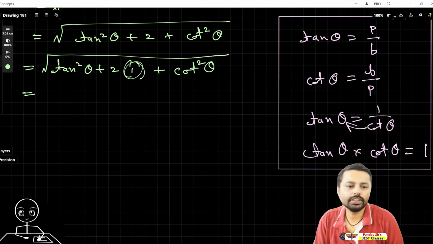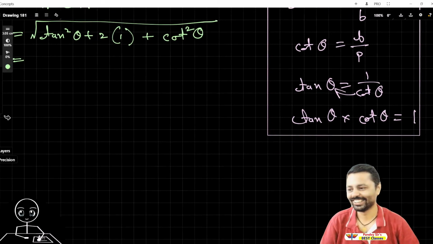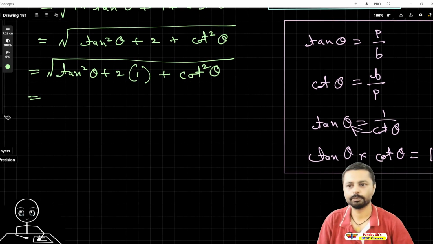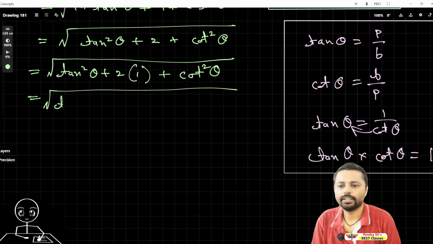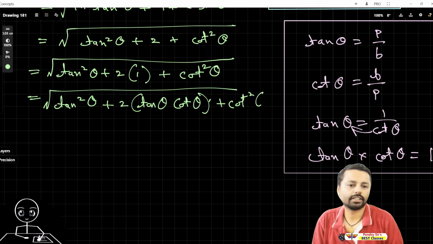Now remember this 1, what is the value of this 1? Above my head you are seeing this one. So we will substitute those values. So under root tan²θ plus 2 in bracket tanθ cotθ plus cot²θ.